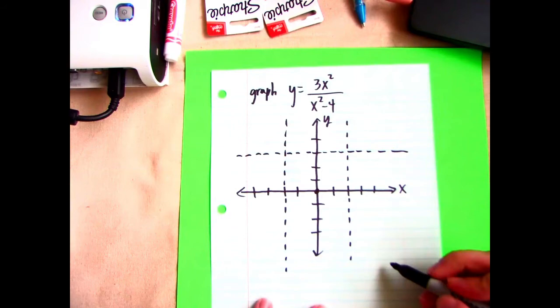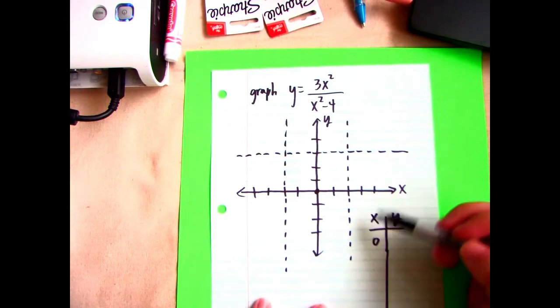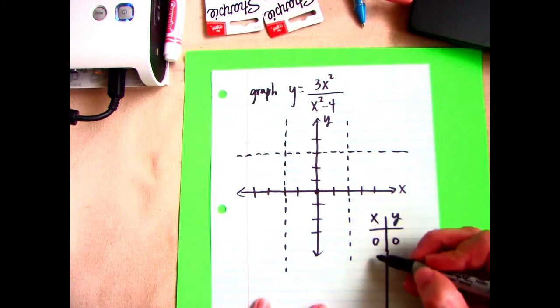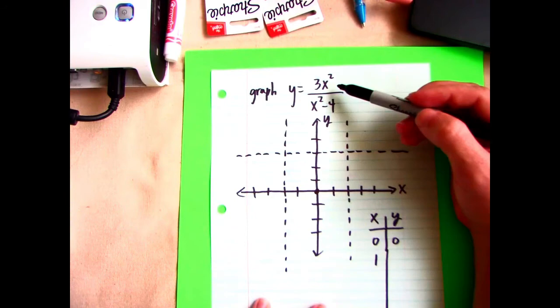So a quick table of values to give us some points to plot. I'll go through it pretty quick. You can go back and check some of your own points, some of your own x values.